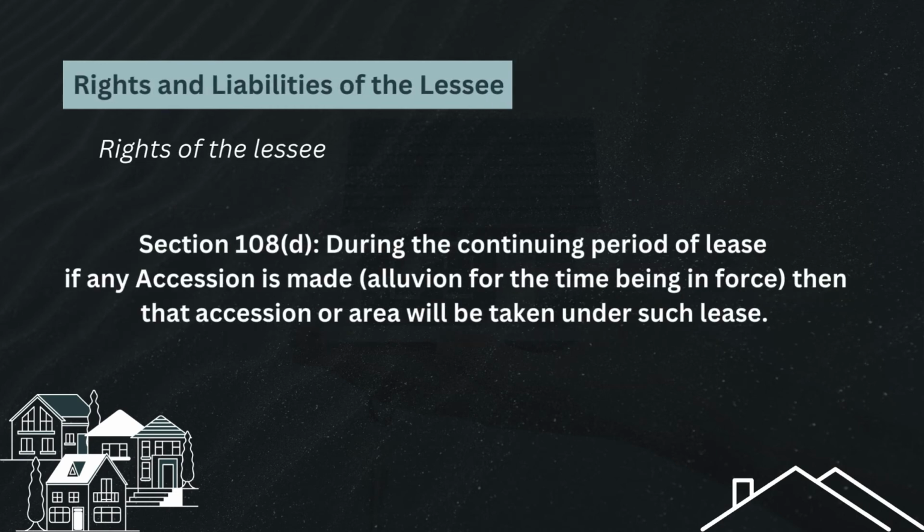Rights and liabilities of the lessee. Rights of the lessee. Section 108 clause D: during the continuing period of the lease, if any accession is made, such as alluvion, then that accession or area will be taken under such lease.